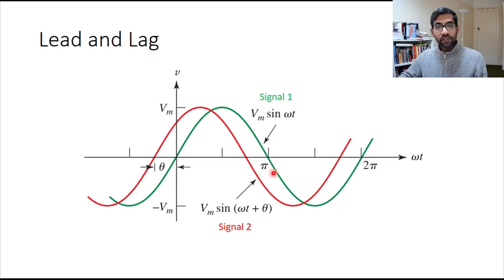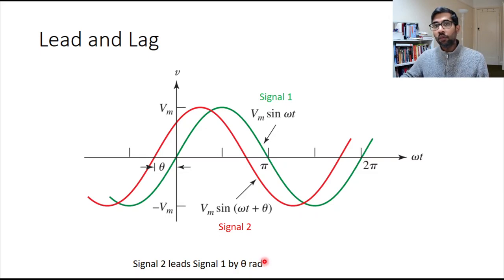So when you have signals like this, one of the signals is shifted with respect to the other signal. And the way we talk about this shift is by using the words lead and lag. Okay, so we say basically signal 2 leads signal 1 by theta radians.